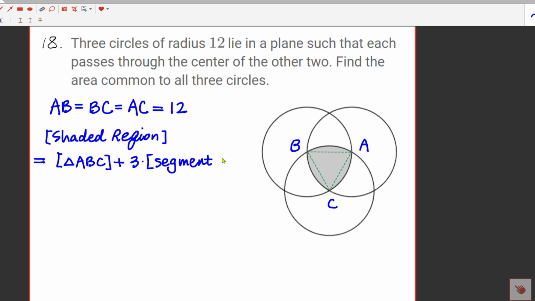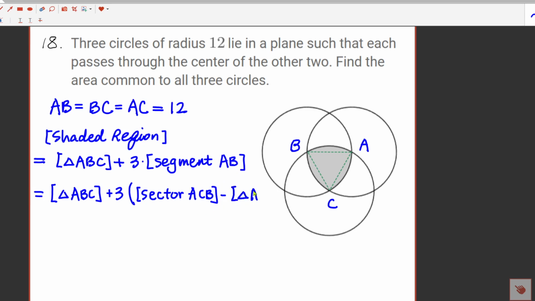Or you could also say segment AB. So this equals the area of triangle ABC plus 3 times the area of sector ACB subtracted by the area of triangle ABC, right?